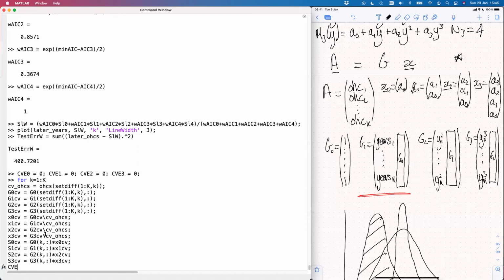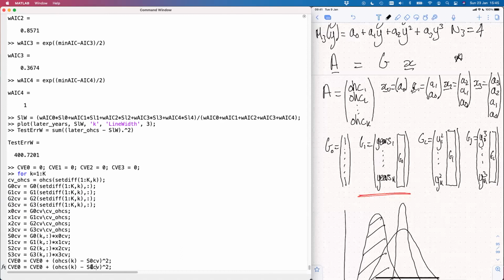So for CVE 0, I'm going to add the squared difference between the kth data point, OHC k, and the prediction that I've got from my 0th order model here, squared. Repeat.